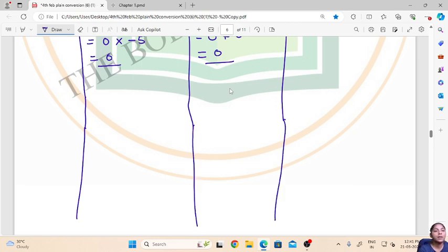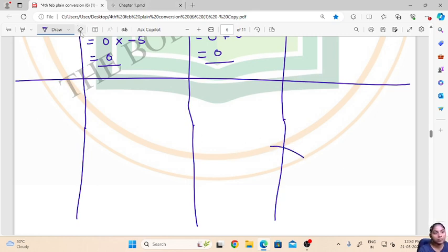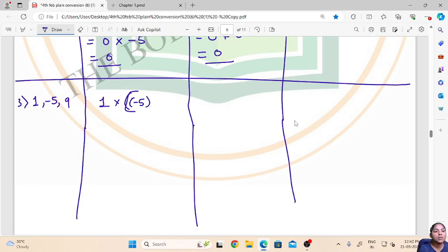Then the third example we have is 1 as a, minus 5 as b and 9 as c. Here first we will write a into (b plus c). Let us solve this: a into (minus 5 plus 9).